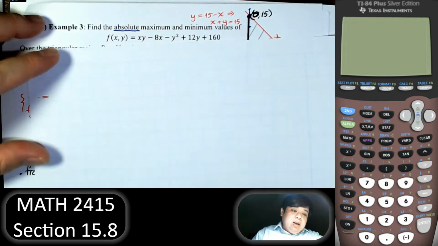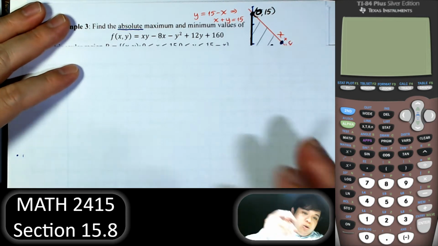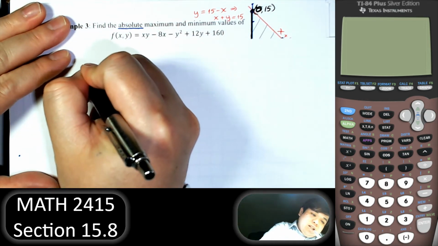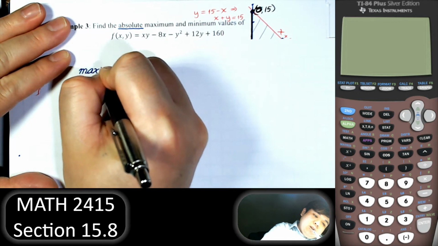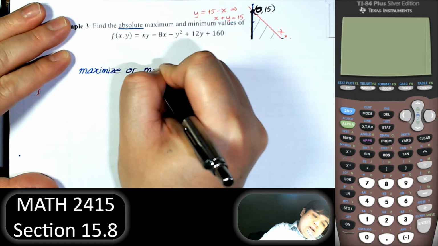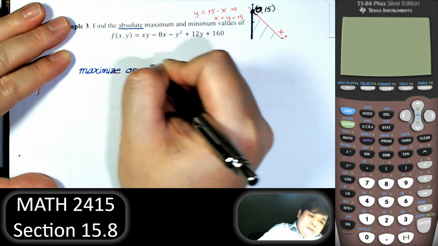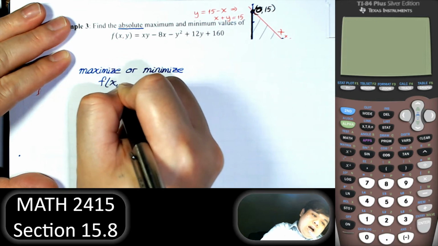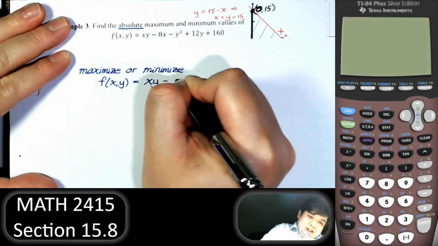So the problem will be as follows. I'm going to do the same, trying to maximize or minimize this function. You don't have to write this down. I just want to show you quickly.